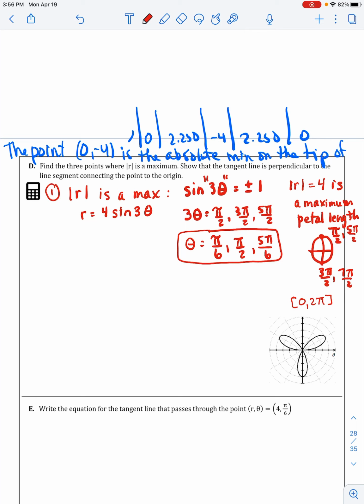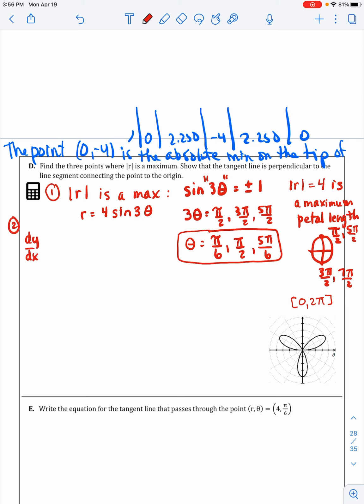Because we've got 5, 6, 7, 8, 9. So if we did 9, we could keep going. But actually, now that I look back at this, it might have completed a cycle in 0 to pi radians. But anyway, let's just look at this.